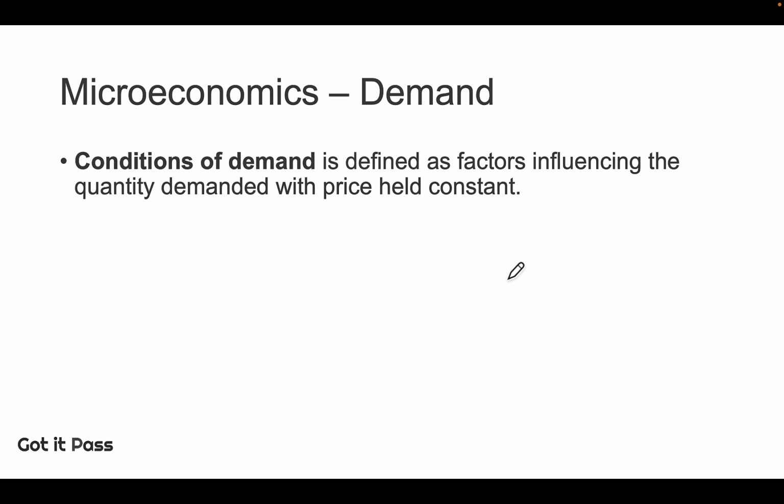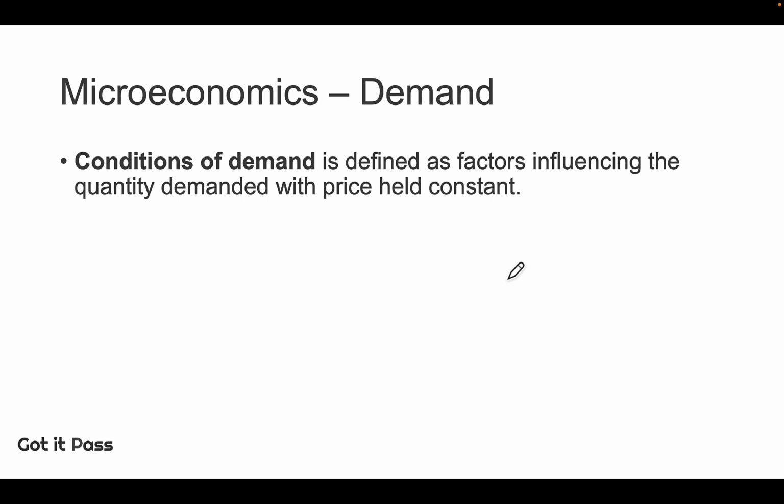The third topic under demand is conditions of demand. The definition of conditions of demand is that they are factors influencing the quantity demanded with price held constant. We mentioned the demand curve, which is a downward sloping demand curve. No matter whether it is linear or a curve, it is a downward sloping demand curve, just one curve or one line.